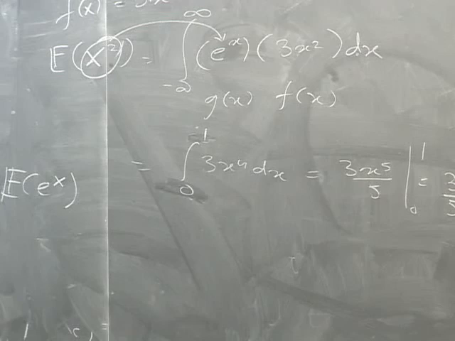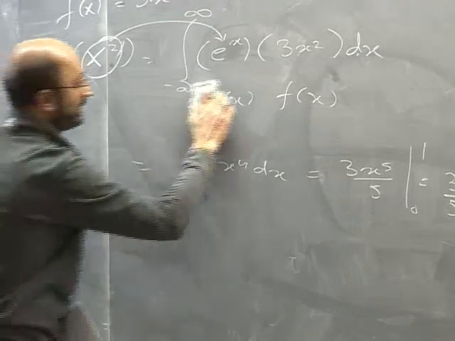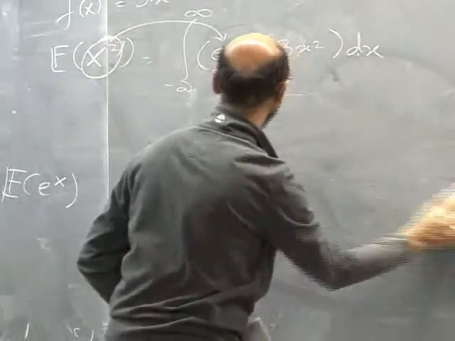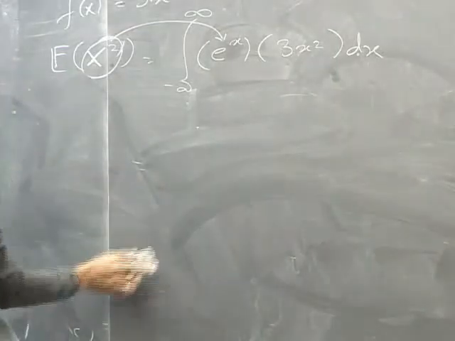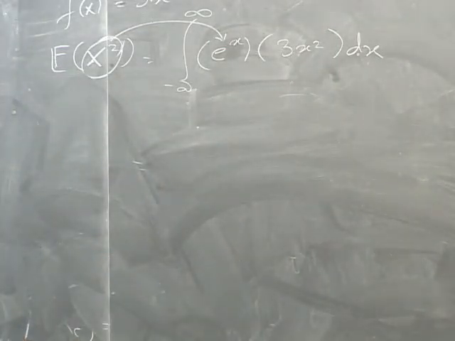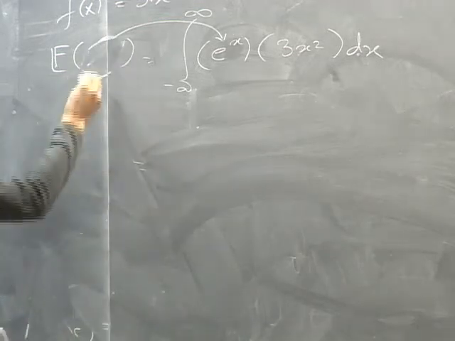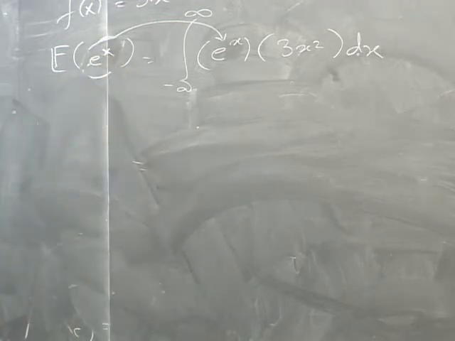Then we could evaluate that as we wished, and whatever it is would be called the moment generating function of the variable with density 3x squared.